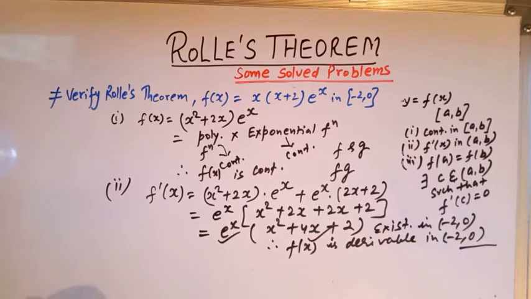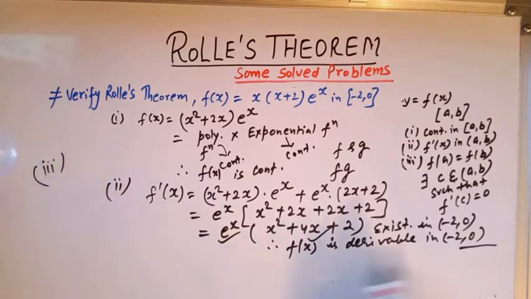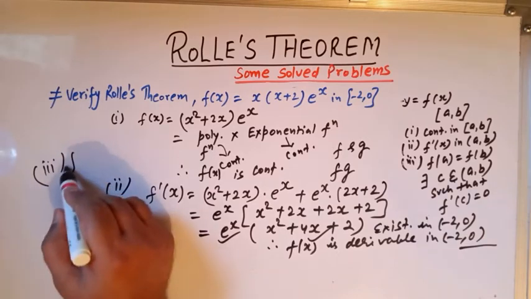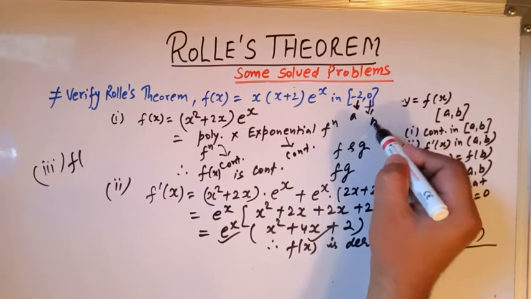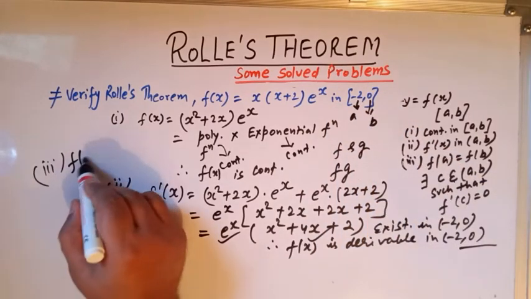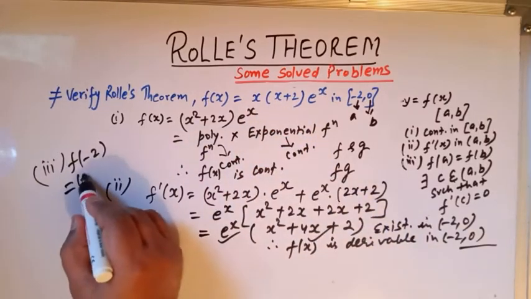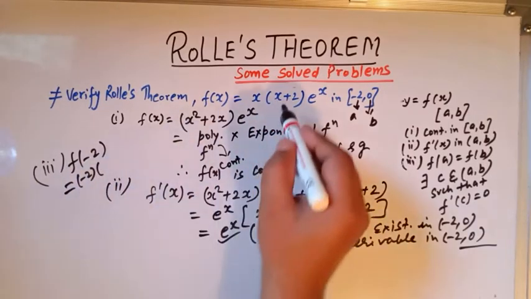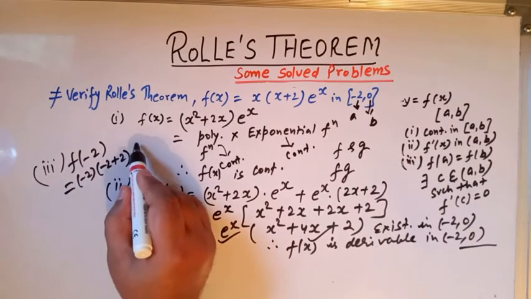Clear? Now the third condition is f(a) equal to f(b). So let us first find f(a), where this is a and this is b. Clear? So f(-2) is clearly we have -2, then we have -2 + 2, times e^(-2).